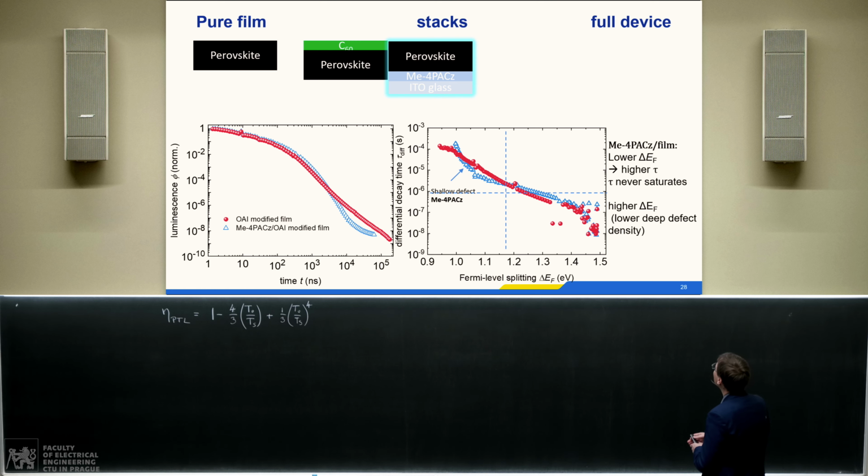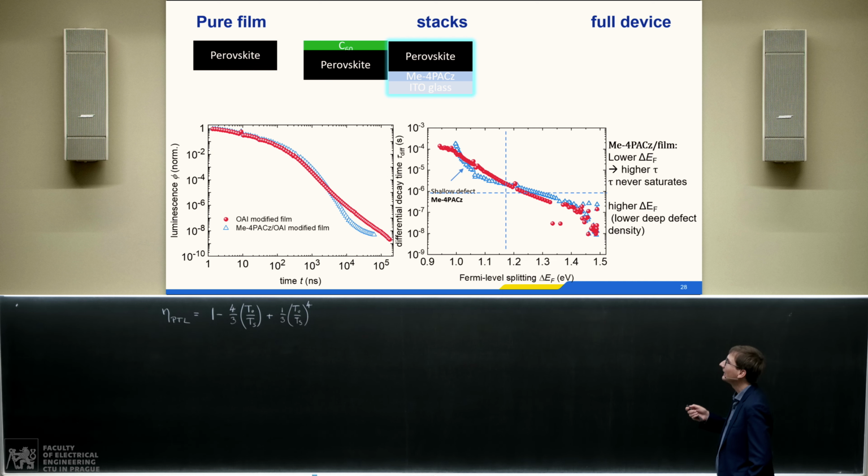How did you actually evaluate the quasi-Fermi level splitting? Is it just from the illumination, or is it really calculated based on how many carriers you think are present in the layer? I skipped over this essentially. If you just look at the first point here at the highest Fermi level splitting, this corresponds to the first point on the upper left.